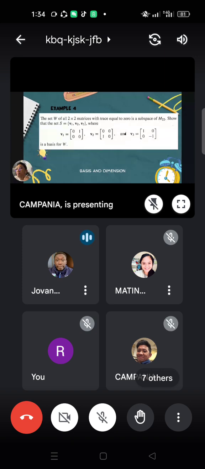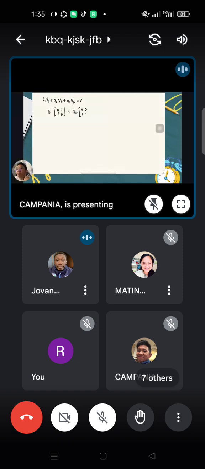Then V3, ang trace niya is 1 plus negative 1, that is 0. So the set is a subspace of M22.